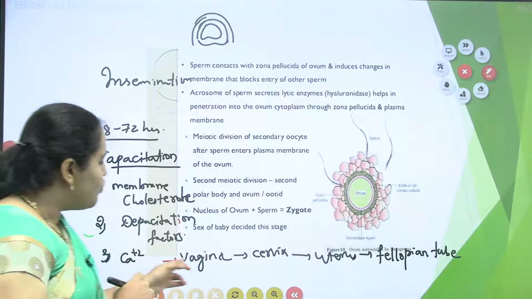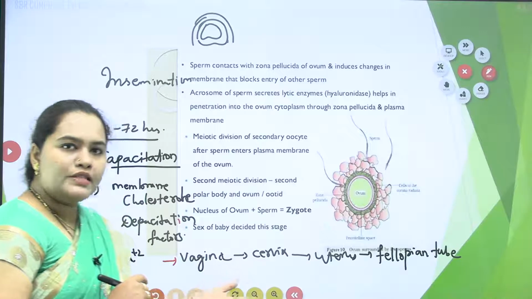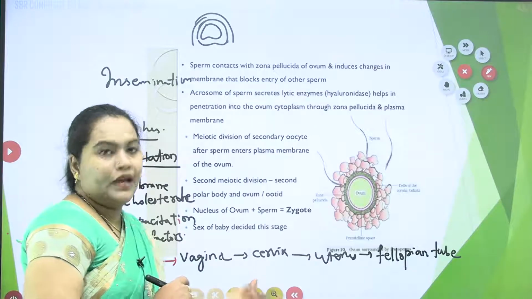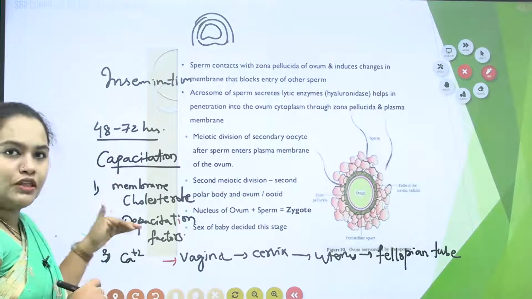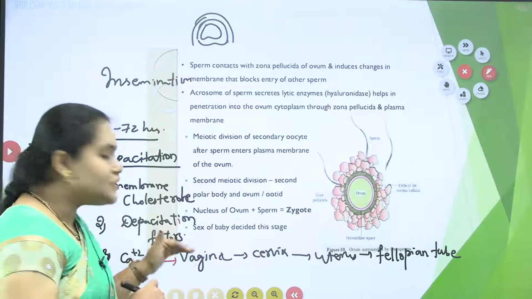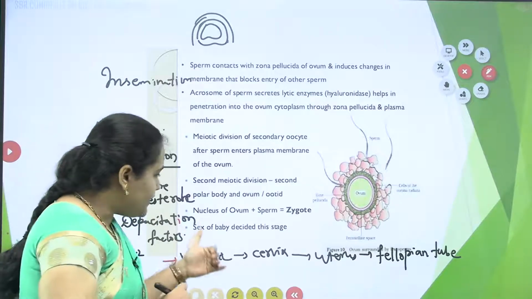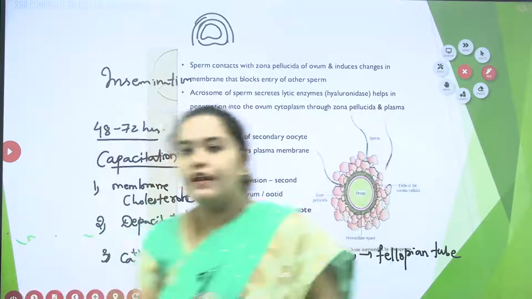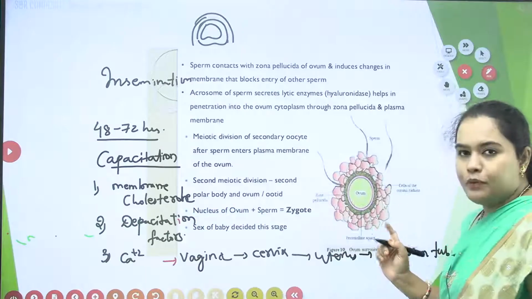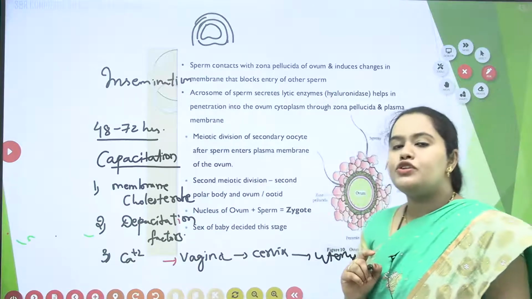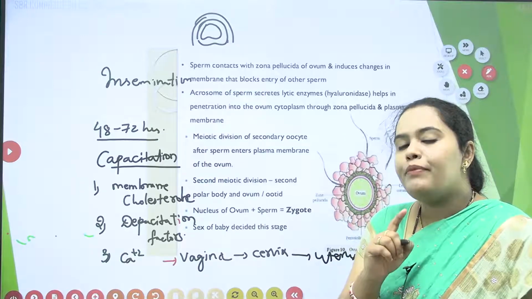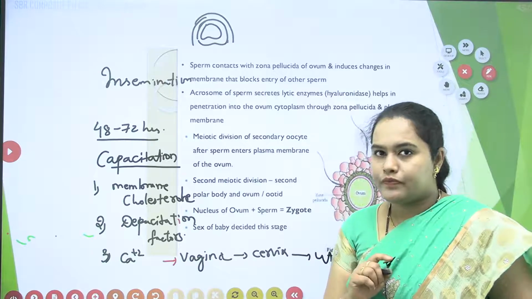So this is the movement of the sperm once it enters the female genital tract, and you should remember this. After capacitation, the sperm moves via the vagina, crosses the cervix, then the uterus, and finally reaches the fallopian tube. In the fallopian tube, the sperm will go up to the ampulla and isthmic junction.